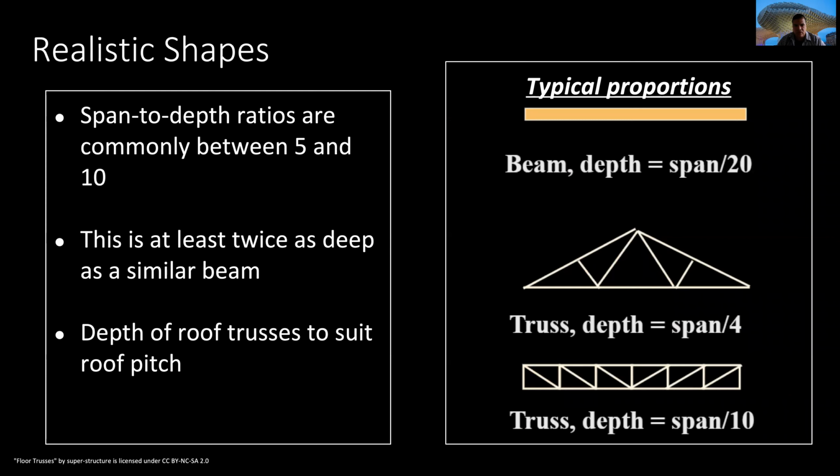The depth of trusses can sweep the roof, a roof that has a pitch, and that is something convenient. Well, the typical proportion of a beam is the span divided by 20. When we speak about concrete, we can have the span divided by 10.